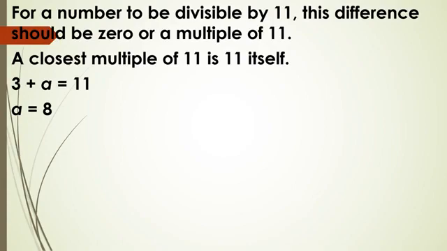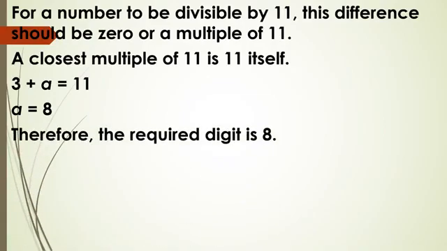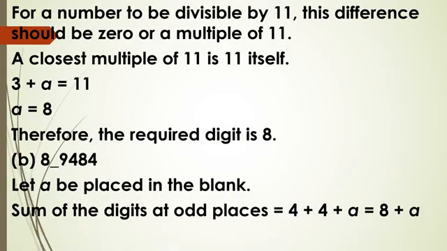Okay. Now see its B part. Let A be, it is 8 blank 9 4 8 4. Now in the blank place, I am writing A. Sum of the digits at odd places. 4 plus A plus 8. Sorry, 4 plus 4 plus A only. So 4 plus 4 is 8 and 8 plus A. Okay.